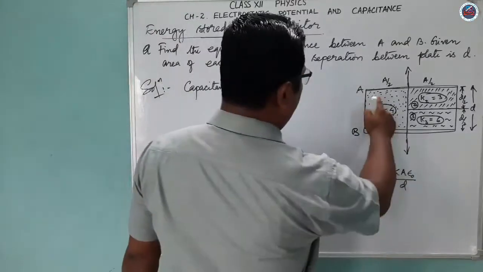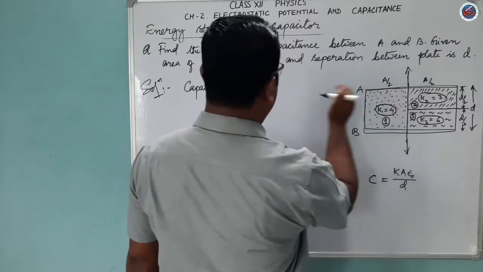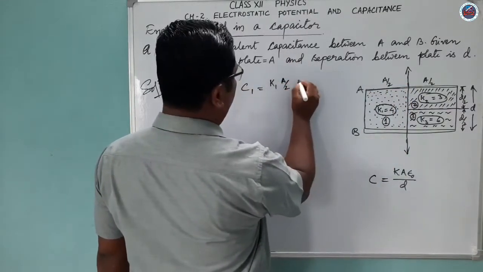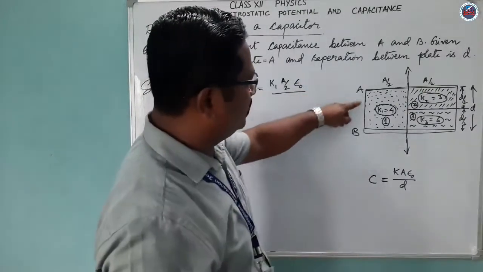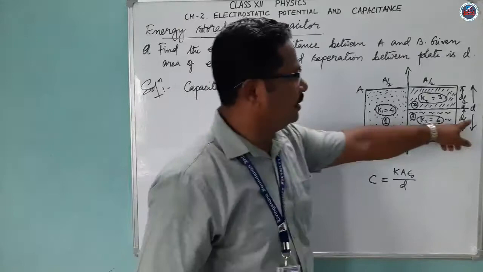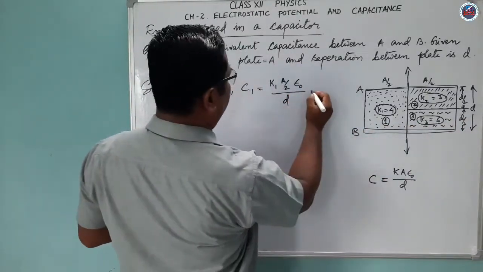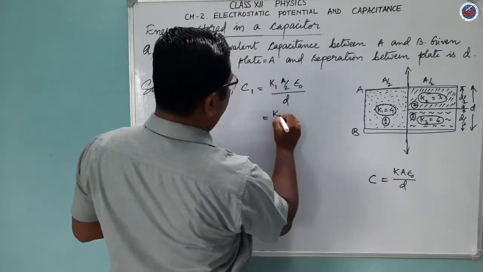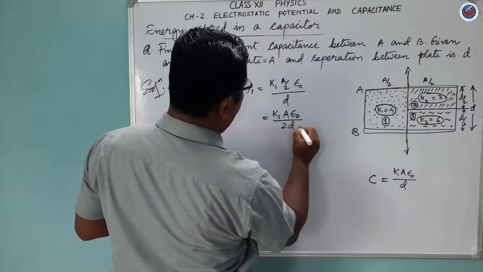The area of the plate is reduced to half, from here to here it is A by 2, so I'll write A by 2, epsilon naught divided by the distance of separation from A to B, it is D. So ultimately what you will get here is K1 A epsilon naught divided by 2D.